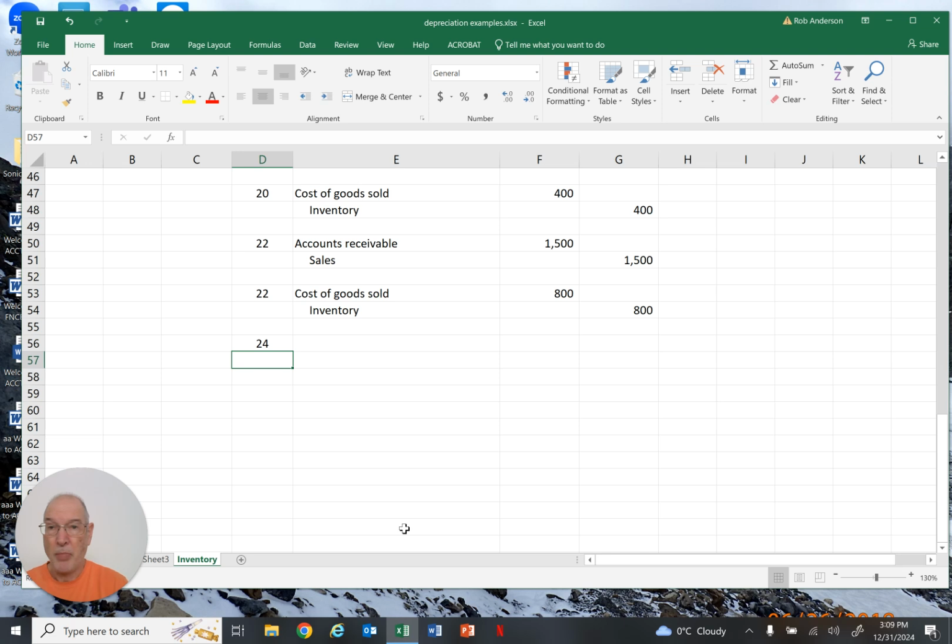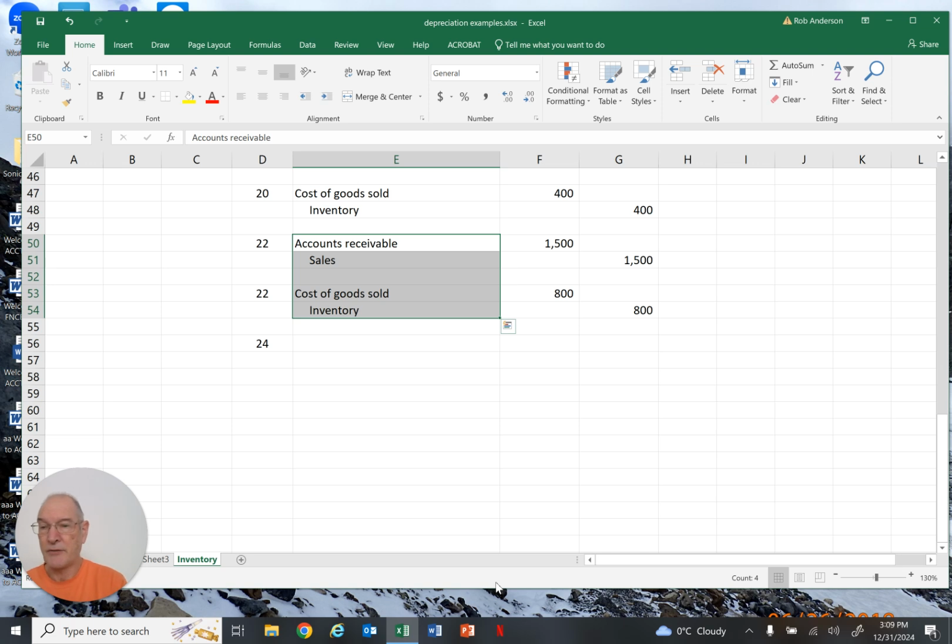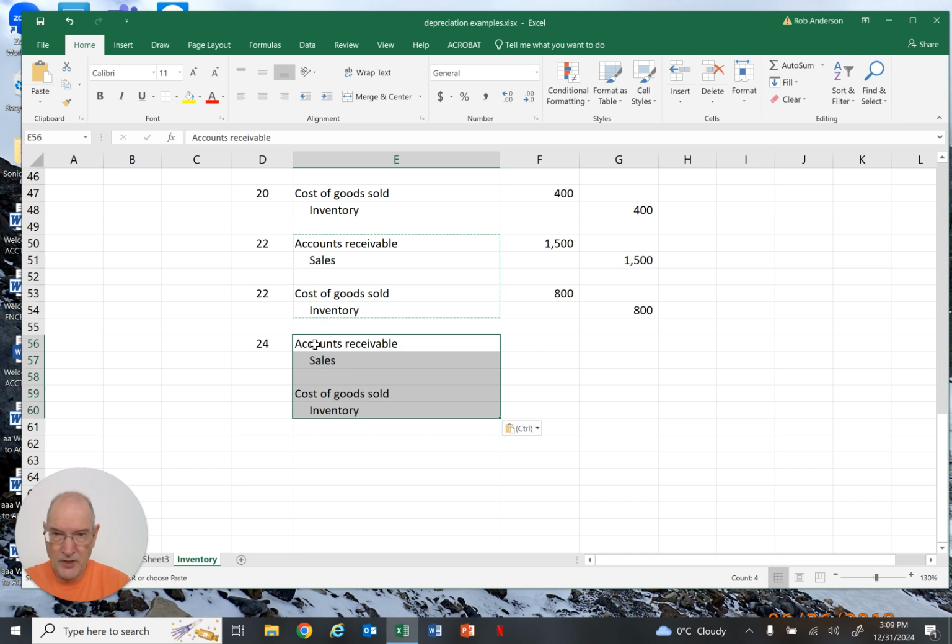And just as in Excel, if you have a repetitive use of your account titles, you can just copy them in. So in a Word table, this would be 5 lines, 5 rows in a Word table, and I can just copy it in because it's also a sale on account, and I also have to do the cost of goods sold entry. If you do that, just be careful you don't get mixed up.